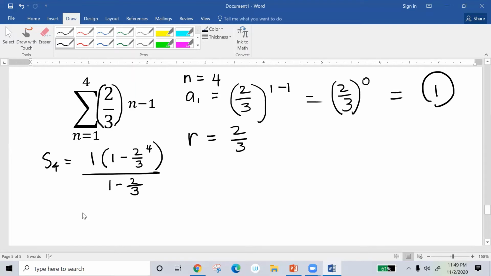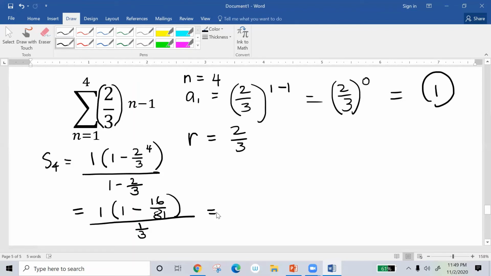Then simplify. Okay, so 1 times 1 minus, what is 2 over 3 raised to 4? Okay, 16 over 81. All over, what is 1 minus 2 over 3? Okay, it will be 1 over 3. Then simplify.